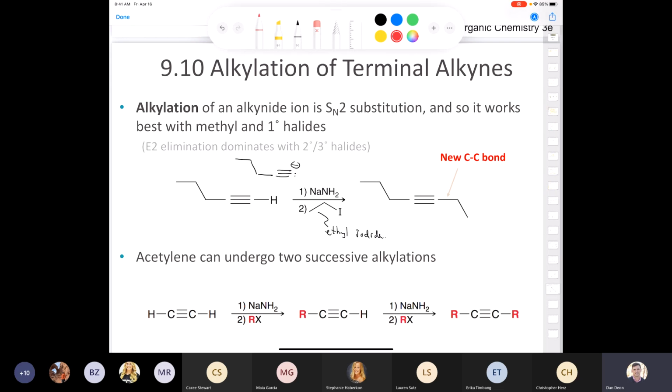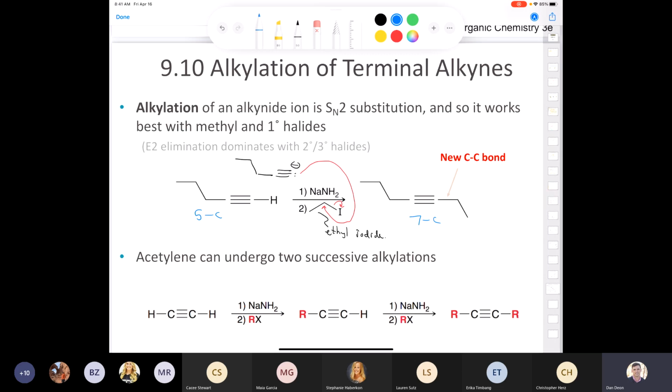What's that going to do? It's going to do an SN2. You're going to do a nucleophilic attack, loss of leaving group, and you form a new carbon-carbon bond. So look, you started with a molecule that has 1, 2, 3, 4, 5 carbons. Now you've got 1, 2, 3, 4, 5, 6, 7. You've grown the carbon skeleton from 5 carbons to 7 carbons. So that is really important.